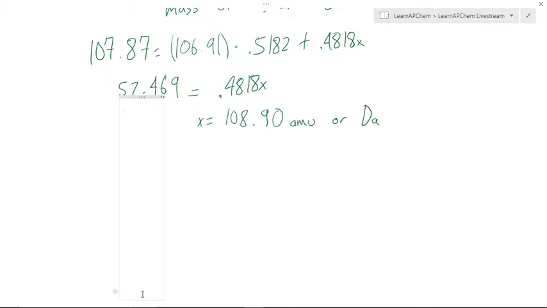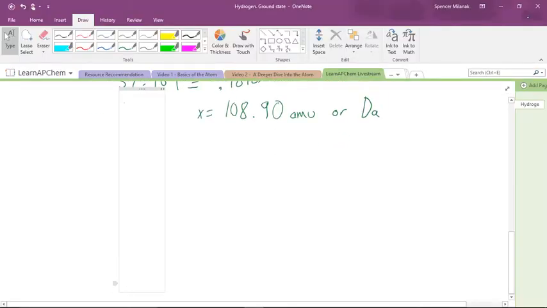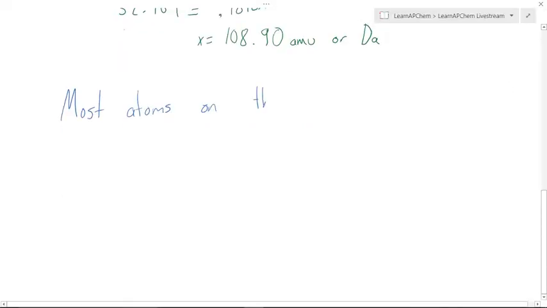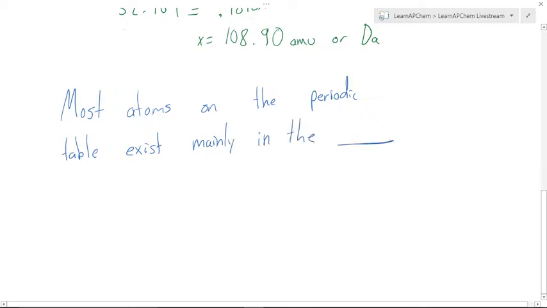Okay, so I want to think about a different conceptual question. Most atoms on the periodic table exist mainly in the blank state.